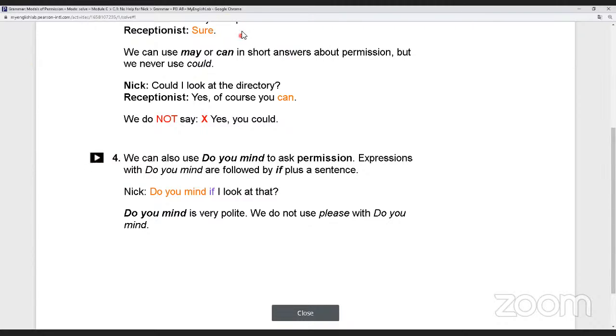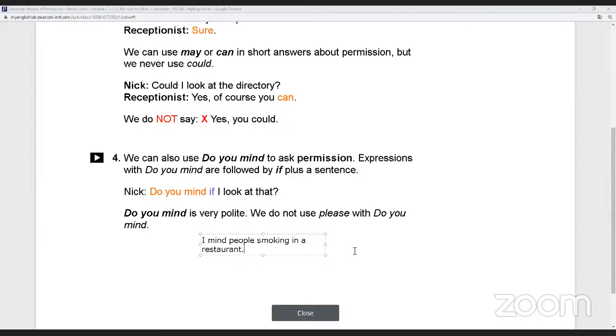So if I say, I mind people smoking, it means that I am bothered or upset by people smoking in a restaurant.